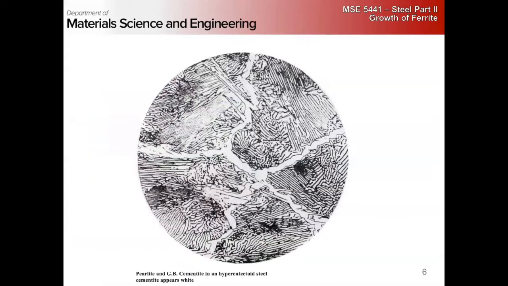Of course, in a micrograph, it's not always easy to determine which phase is which. So this is a hypereutectoid steel. Is white cementite or ferrite in this image? What's that? So white is cementite, right? Yeah.